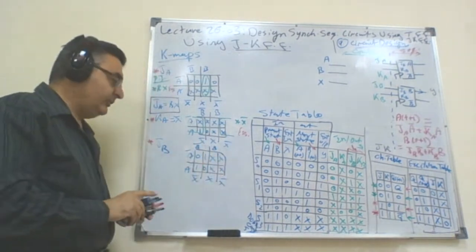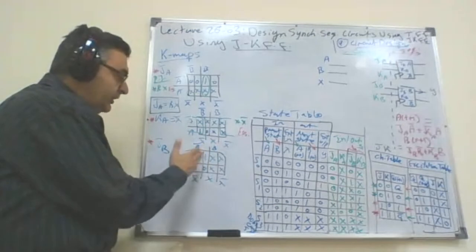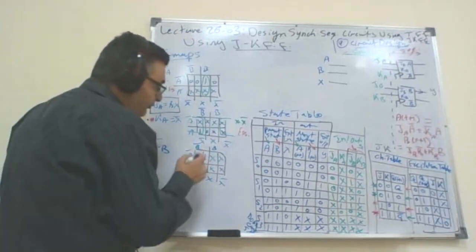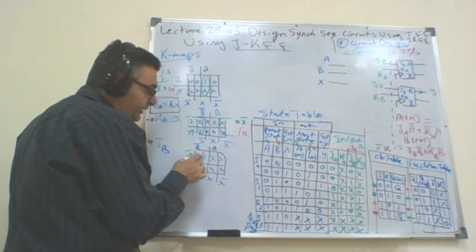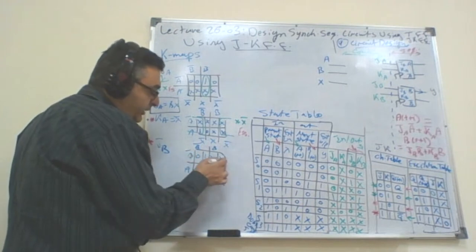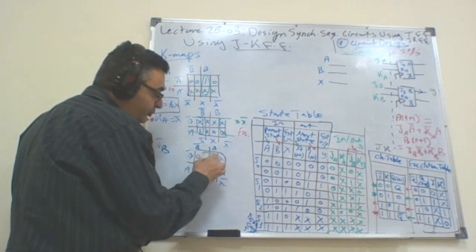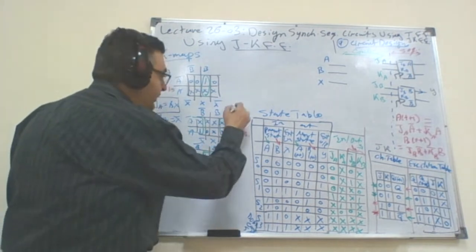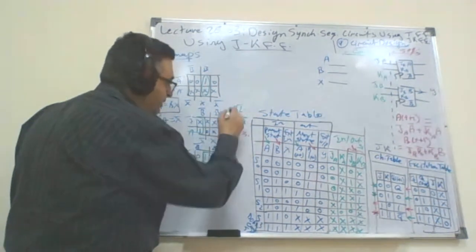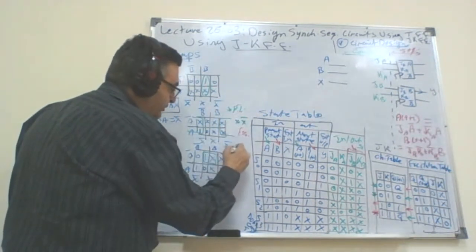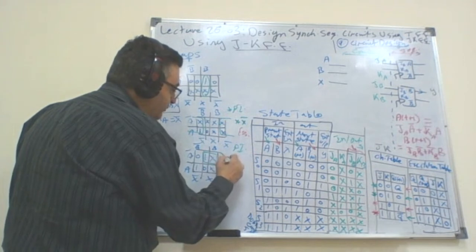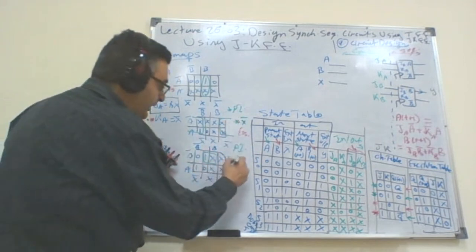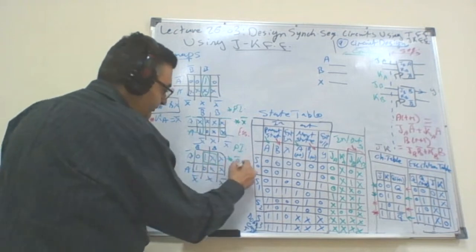This is a little bit tough because I have 2 ones, so I have to get at least 2 contours. For this one, I cannot go to the left, I cannot go down, I can go only to the right. I can only take those together. These are definitely prime implicants. The first PI here, this contour, is A bar X.